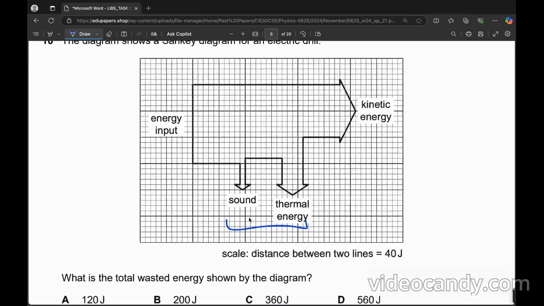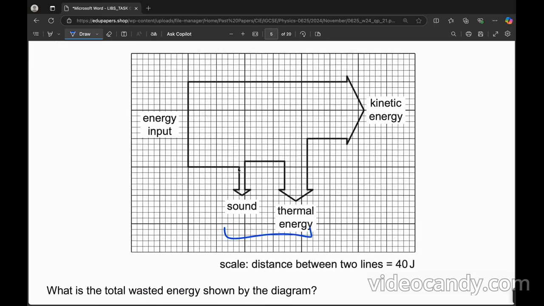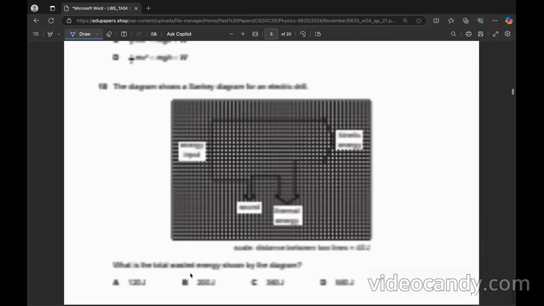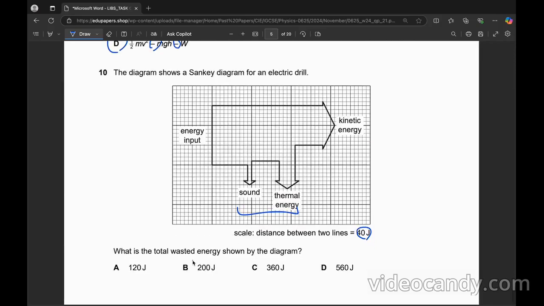So you see the scale, you just have to count the squares: 1, 2, 3, 4, 5, a total of 5 squares. And then the scale says 1 square represents 40 joules, so that will be 40 into 5, and it will be B.